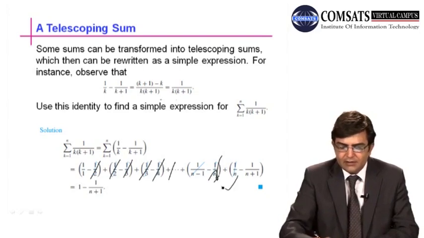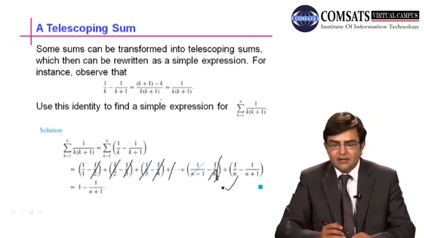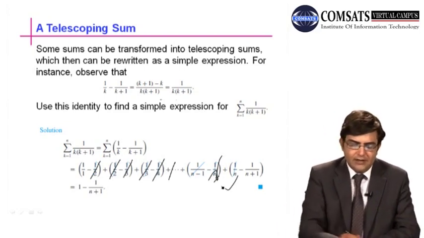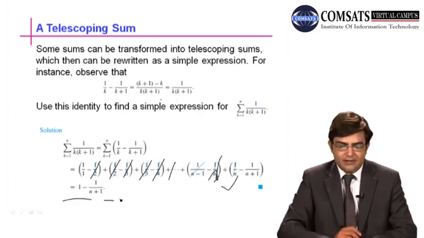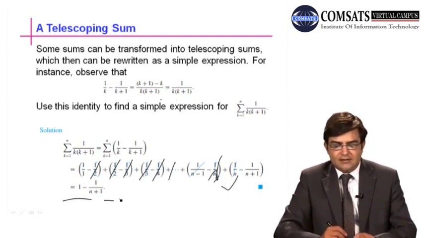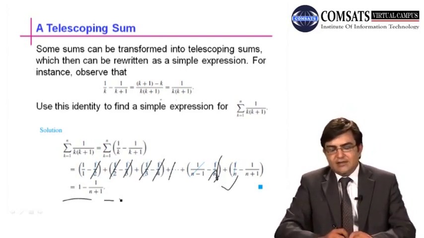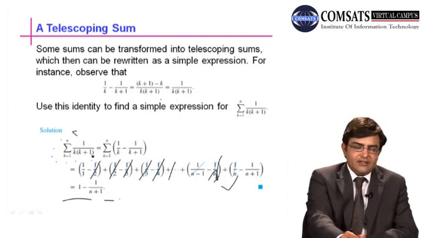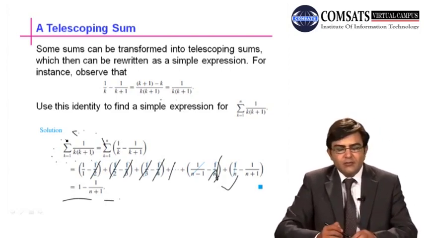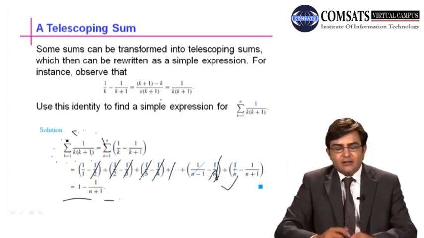These cancel out, and we obtain 1 minus 1 over n plus 1. So this is basically simplified. If we try to solve this summation directly, it involves a lot of calculations.